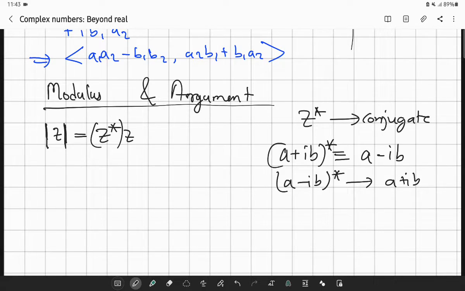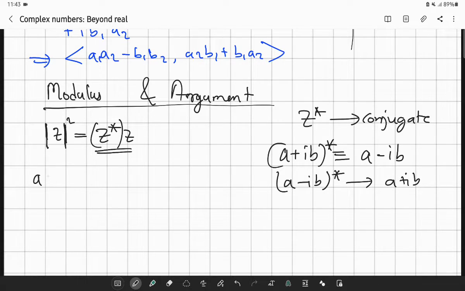Okay, so the modulus squared is defined as z star z. Again, this relates to vectors. If I take a vector and multiply it with itself, I get the length of the vector squared. This is actually exactly that. And in a moment, if I show you what this equals, this will make perfect sense.